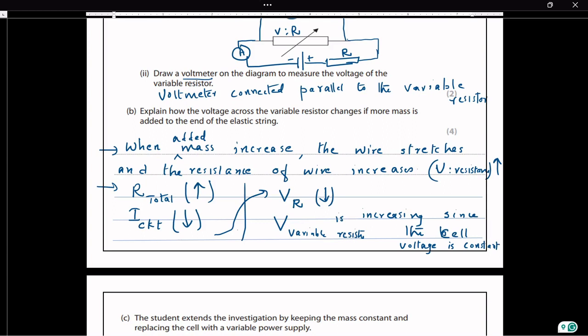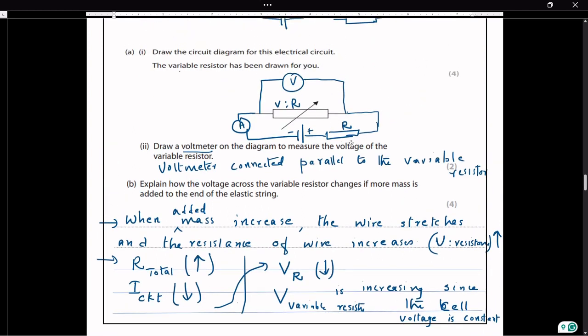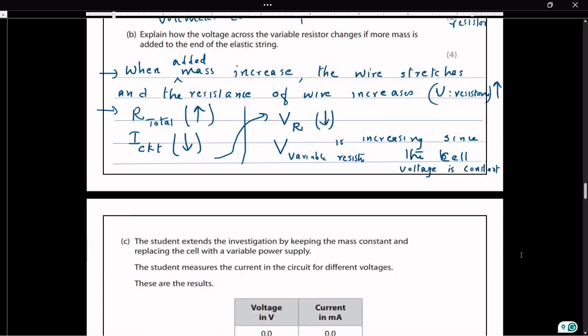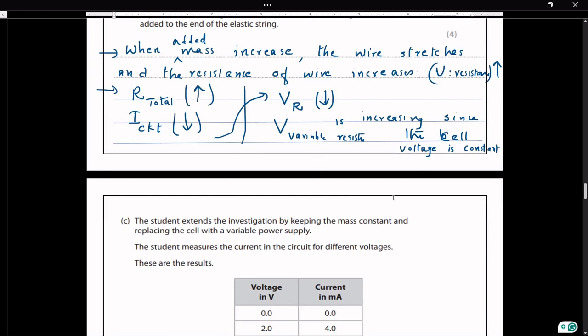What I have explained here is, these two resistors are connected in series only, and the cell voltage is divided among the variable resistor and the fixed resistor. So when one of them decreases, the other one has to increase to keep the cell voltage constant. I can show you this way. The cell voltage is a constant.